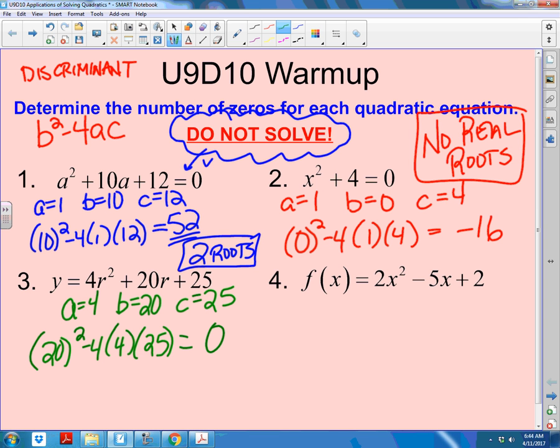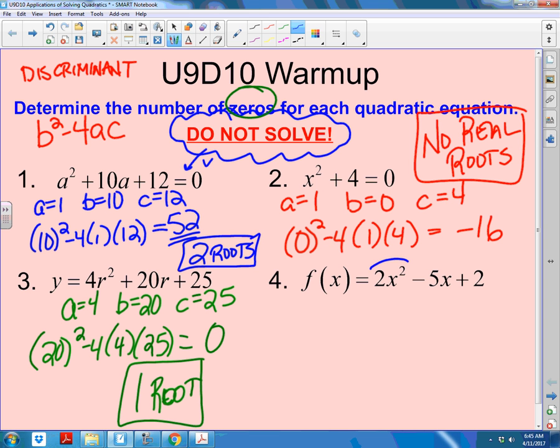And it's 0. If your discriminant is 0, you have only one root. The only way that you can only have one root, one solution, one x-intercept is if that x-intercept is your vertex. So in this case, your solution would be the same value as your vertex.